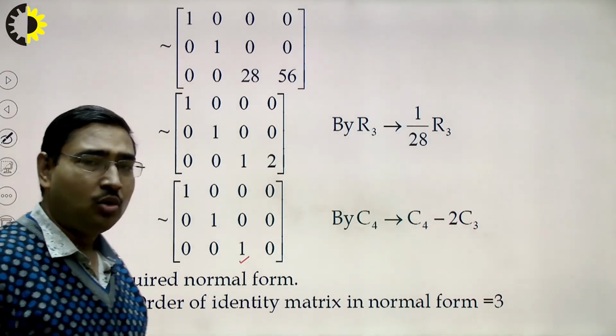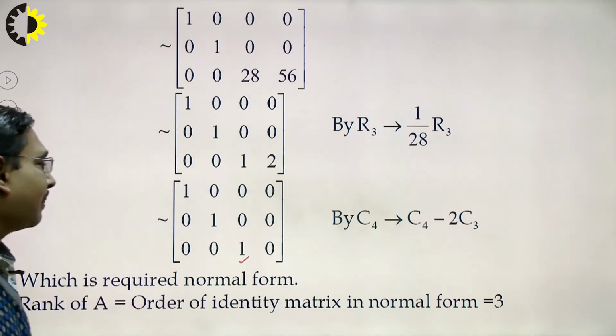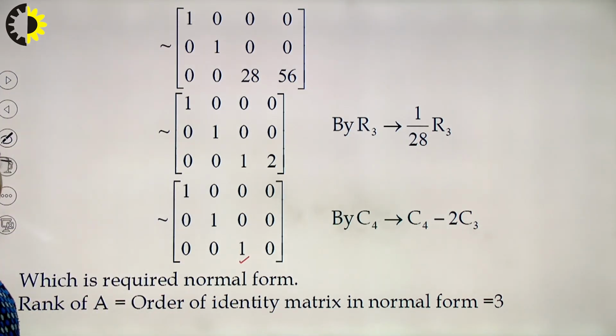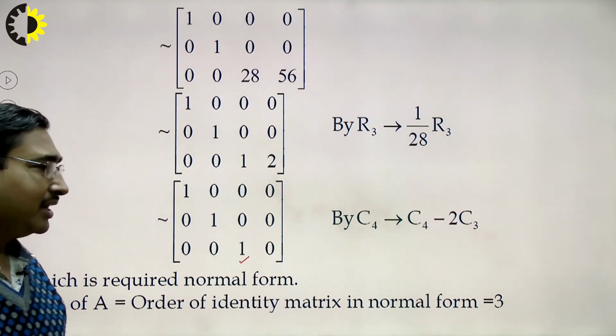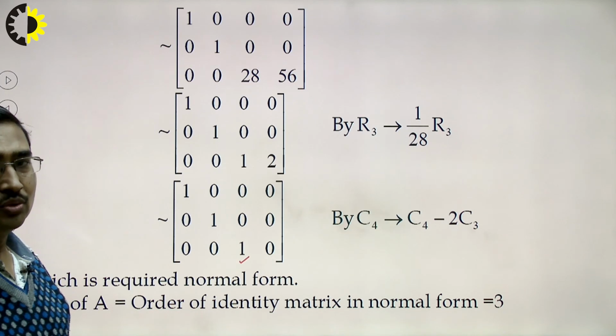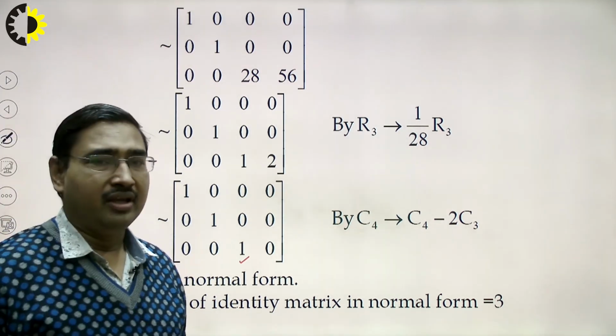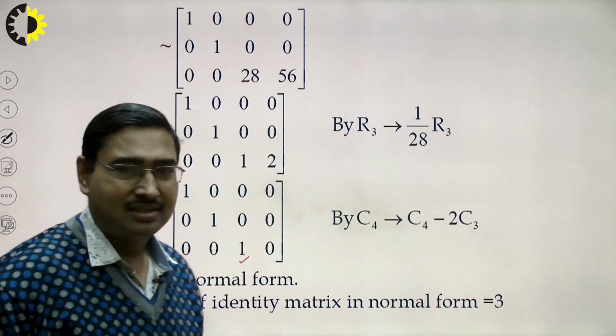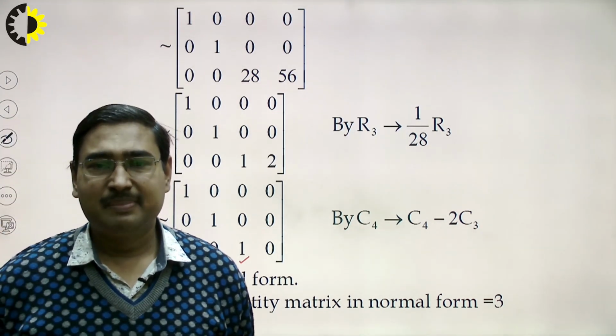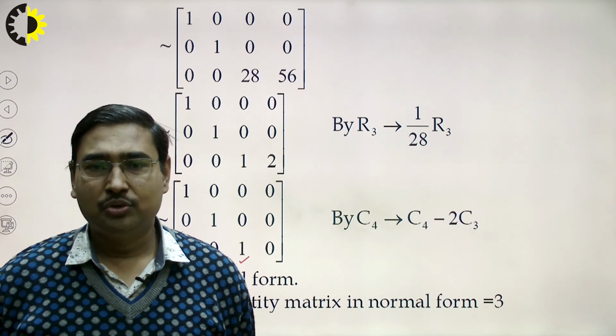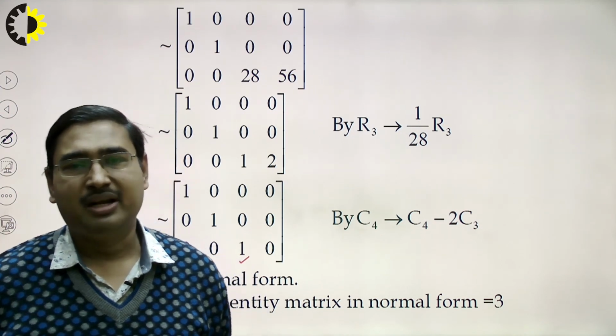If we are doing it in a random manner, then it is possible that some elements are converted to ones and zeros in the first step, and in the remaining steps these ones and zeros are disturbed and we will reach nowhere. So it is suggested that we should follow the specified sequence to introduce ones and zeros in the matrix.